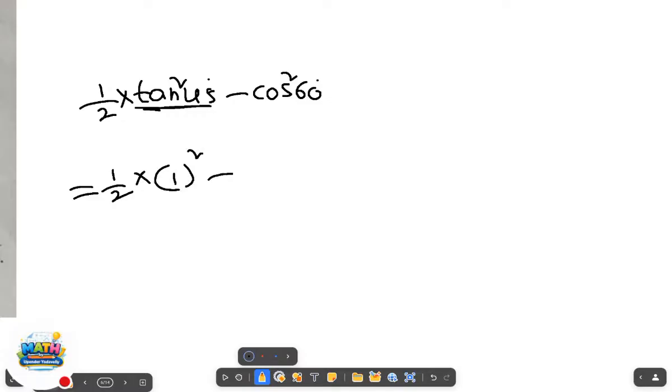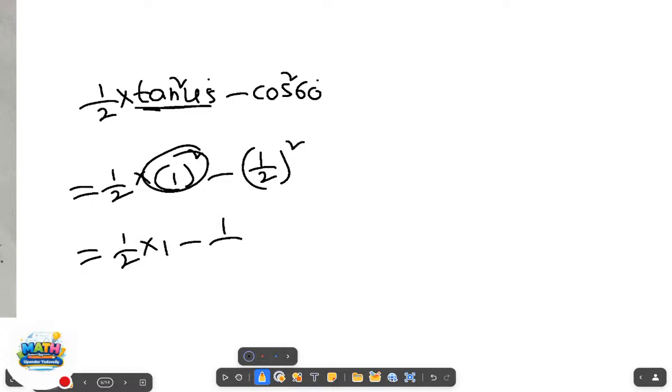Cos 60 is 1 by 2, so cos square 60 is 1 by 2 whole square. Here 1 by 2 into 1 square is 1 by 2, and 1 by 2 whole square is 1 by 4.